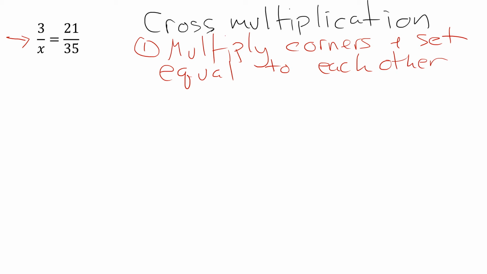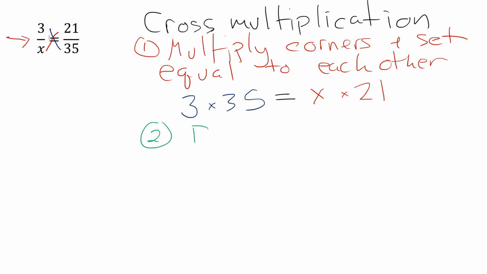So we have over here x times 21, that's corner number 1, and then we have 3 times 35, which is corner number 2. So 3 times 35, and we will set that equal to x times 21. So that's step 1. Our second step then, we want to actually finish that multiplication.